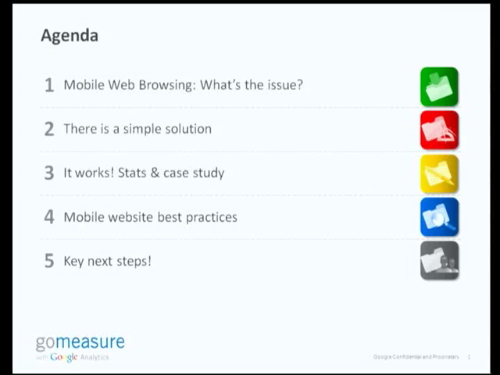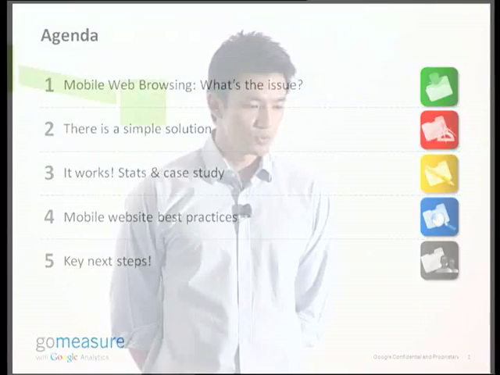Given the short amount of time, there's going to be a very simple solution, and I'll tell you why it works, back it up with some stats, as well as a case study, as well as breaking it down for you for the top 4 best practices that you can adopt for your mobile optimized sites, as well as the key next steps that I'll speak about.